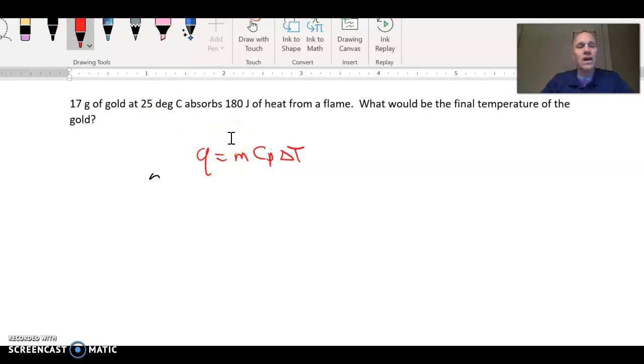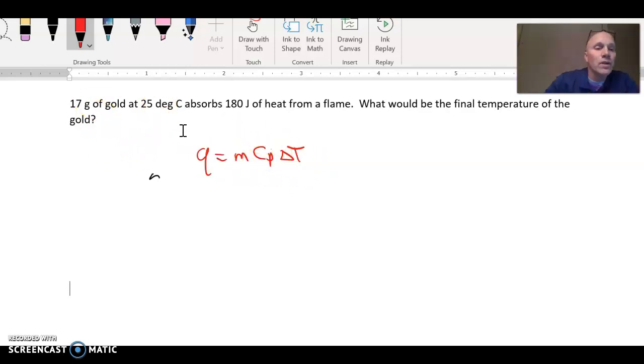If you've got gold at room temperature, its temperature has to go way higher before it would ever melt. So we know that the temperature is going to change while it stays at a constant state. It's going to go from a colder solid to a hotter solid, and that's when you use this equation right here.